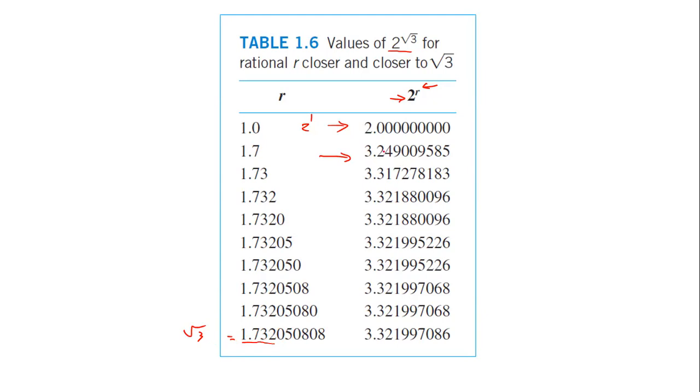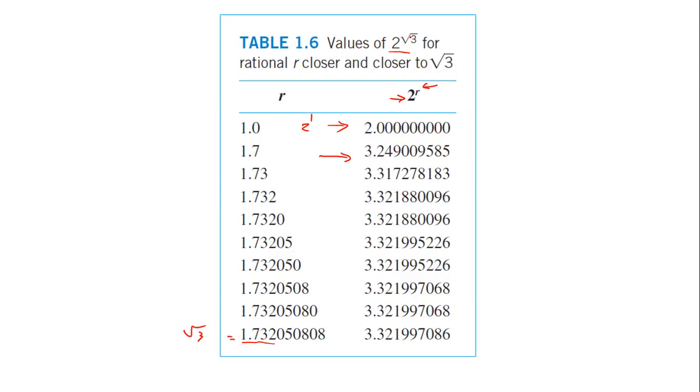So look at the right-hand side. The right-hand side is the function. This is the value at the x-axis if you wish, and these are the values at the y. So the y value of that is going to converge, and it's going to come to 3.321 something.